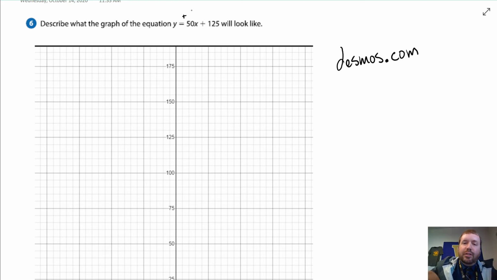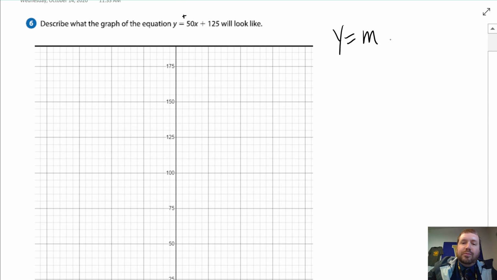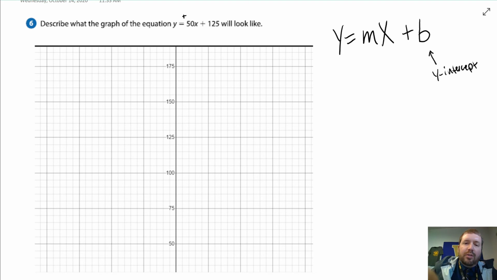Okay, so if we use the original equation, y equals mx plus b, we know that b is our y-intercept. We know that m is our slope.